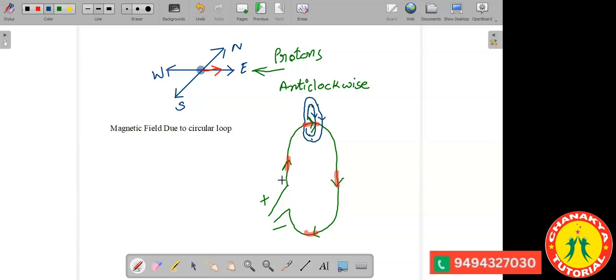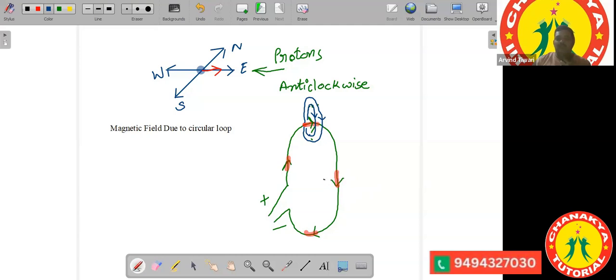Yes, sir. Just check it with your thumb rule. Is it correct? Again, if we find out at this point, a point inside it and a point outside it, our thumb should point in the downward direction and the curl of the fingers is like this. Okay.